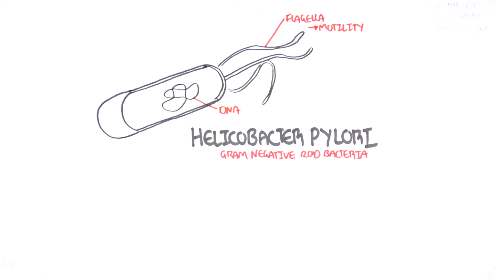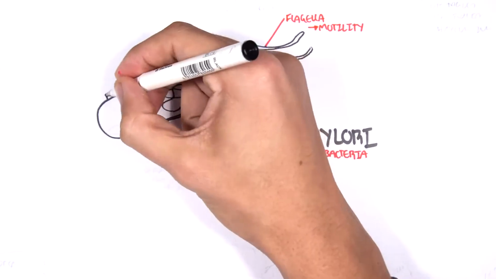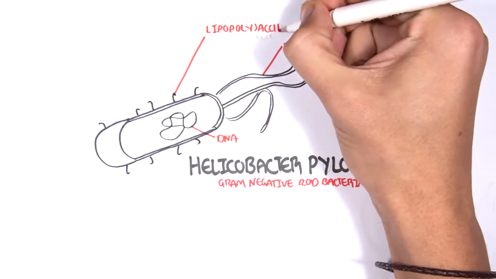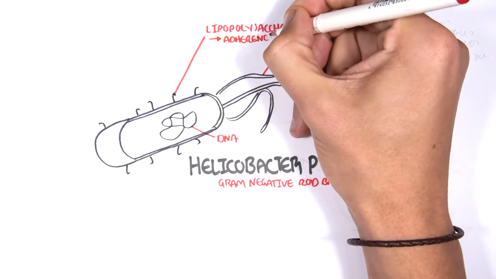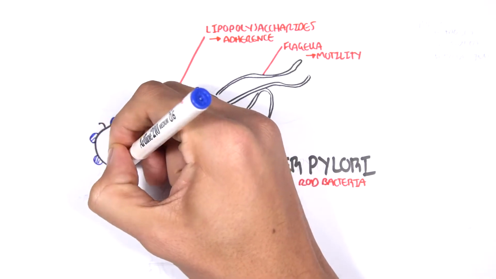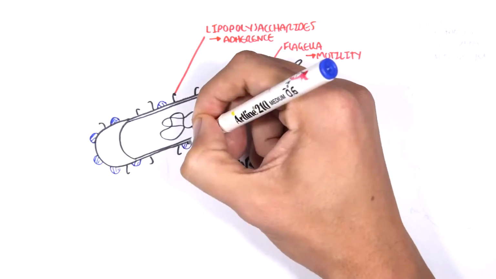It also has DNA, which is circular within it. Some important virulence factors that Helicobacter pylori possesses include lipopolysaccharides, which help in adhering to cells. Another important virulence factor H. pylori have is an enzyme on the surface known as urease.